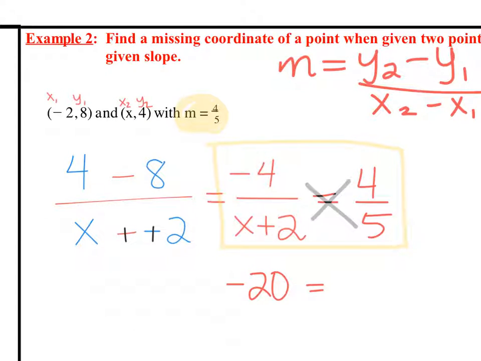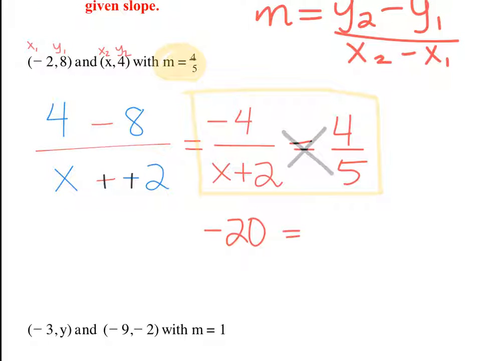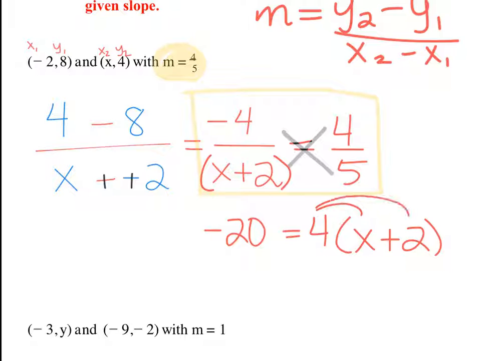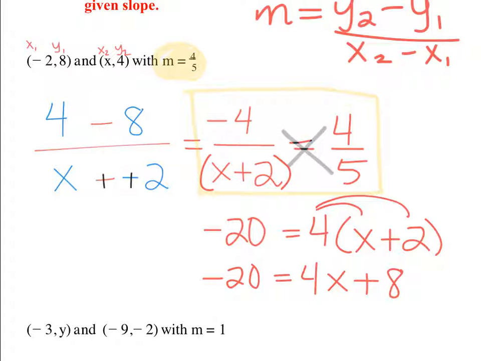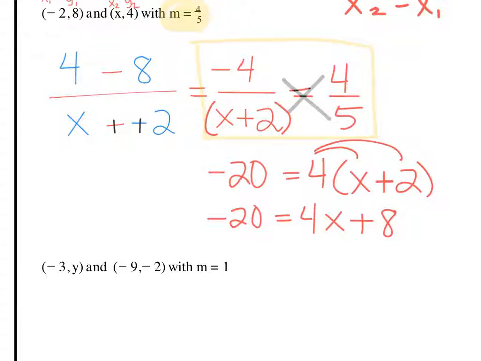You got to write x plus 2 in parentheses, because you're going to have to distribute. So 4 times the quantity x plus 2, and distribute. Right, so you got -20 equals 4x plus 8. And could you go ahead and solve? Add or subtract, then multiply or divide.